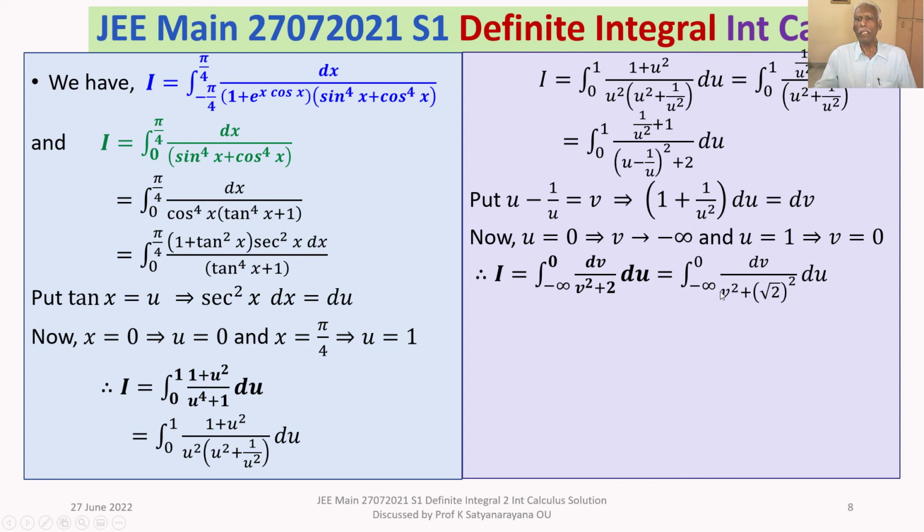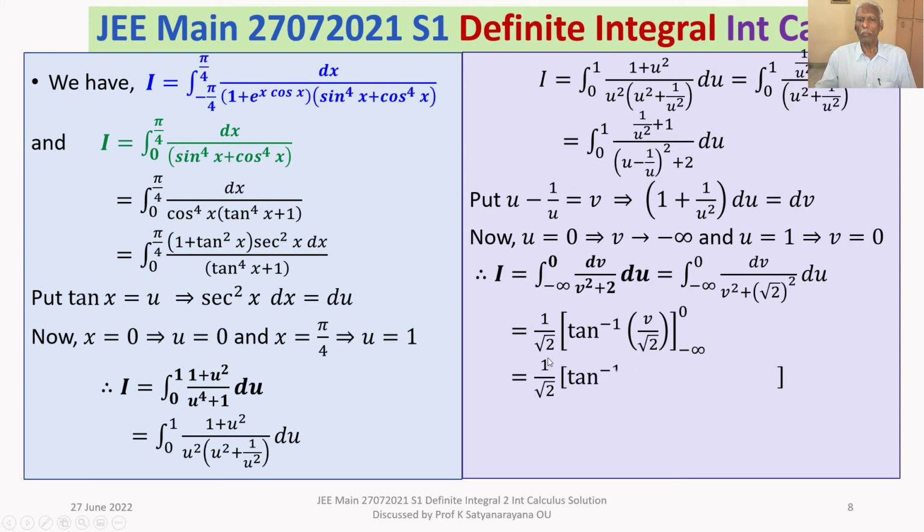Now that I have written as v square plus root 2 whole square. Now I recall integral dx by x square plus a square is equal to 1 by a times tan inverse x by a. The same thing I will do here. That will be equal to 1 by root 2 tan inverse v by root 2, to be evaluated from minus infinity to 0.